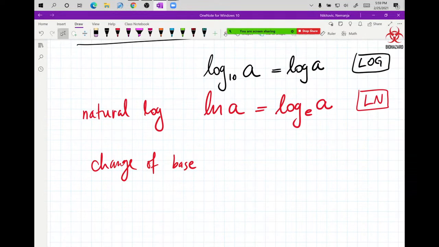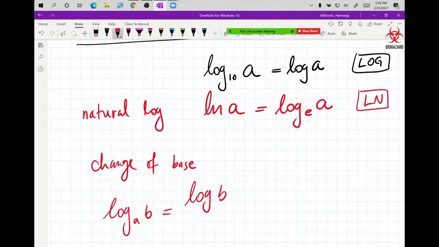Now, if you run into any log that has a different base than e and 10, so let's say log base a of b like this, you can change the base into log b divided by log a.